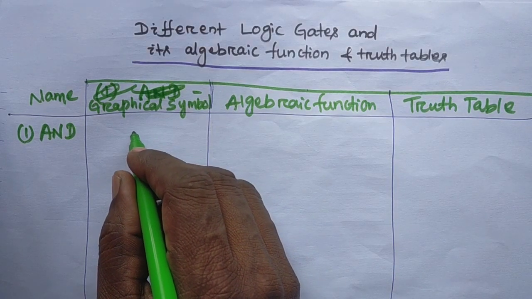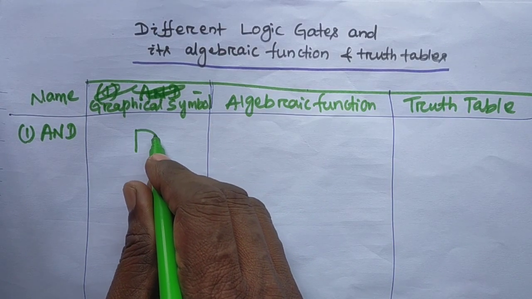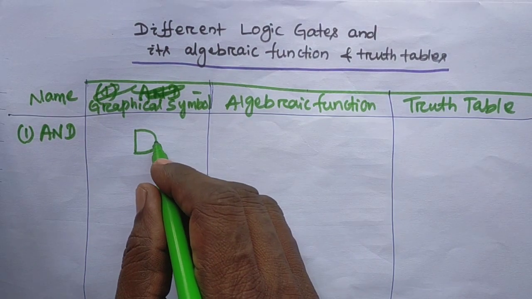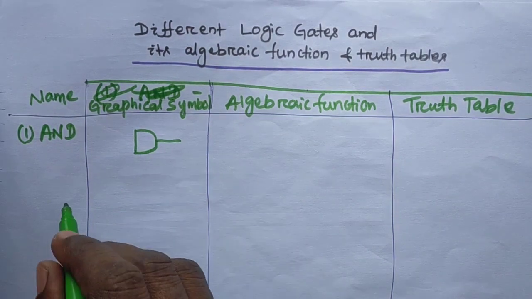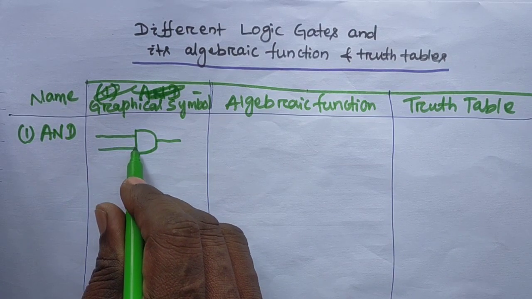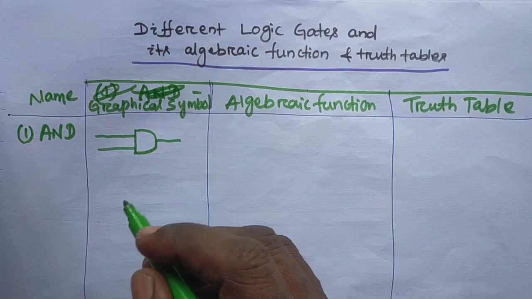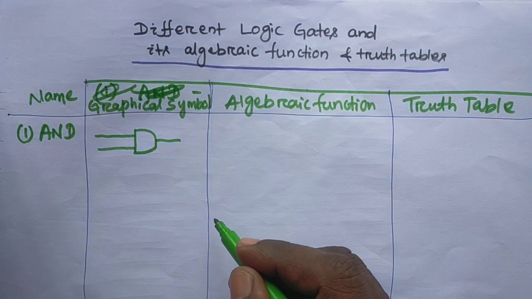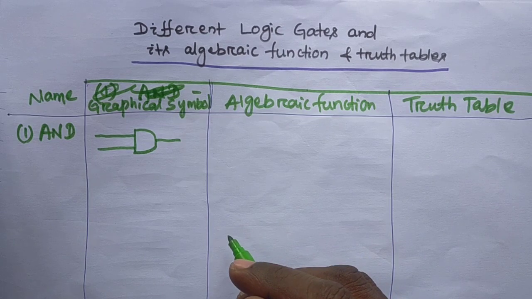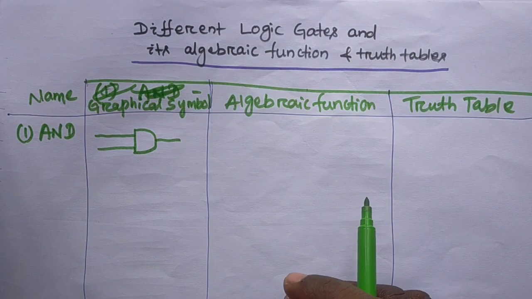Here you see the logic gate. If we symbolically define it in this way, we can say it is an AND logic gate symbol. Most of the time, a minimum of two inputs we consider for any logic gate. One input we can consider, but normally two inputs most of the time we provide to the logic gate.